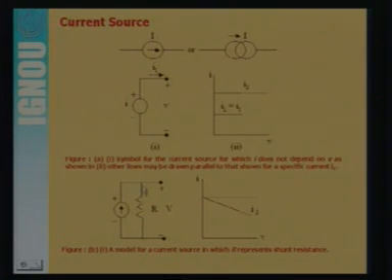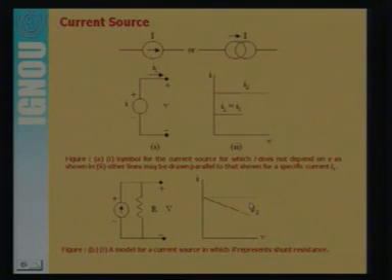According to this internal resistance of the current source, some current will pass through it, and we will get less current across the load terminal. This is the practical current source, which is not ideal. Suppose we connect a current source of I ampere across the load terminal, it will deliver the constant current. That means this is the ideal case.